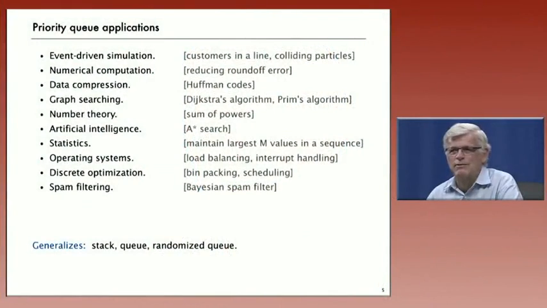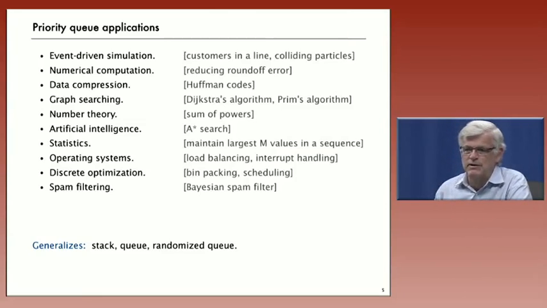And that turns out to be very close to a generic algorithmic design technique that we'll be looking at in many, many different applications. Today we're going to talk about event-driven simulation, which is an interesting idea based on priority queues, but it's also used in numerical computation, and we'll see in the algorithms for data compression and graph searching that it's useful, and in many other applications in computer science and in scientific computing.